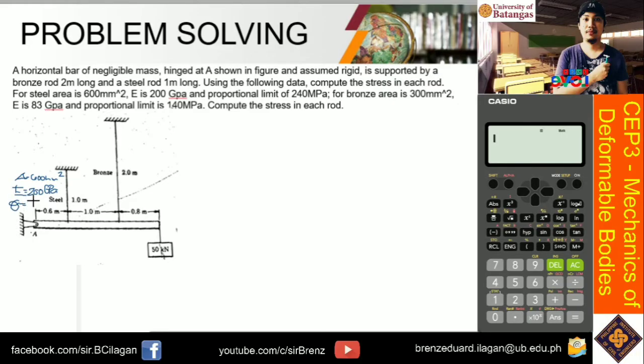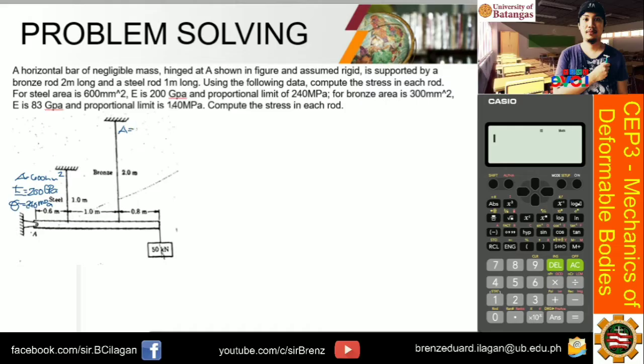So ito naman is parang kapareho lang ng mga boundary condition na binibigay dun sa mga previous problem. So the proportional limit is 240 megapascal.